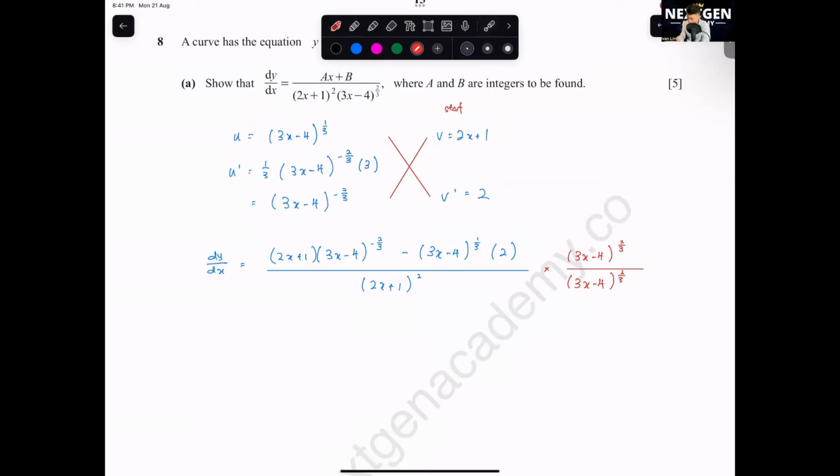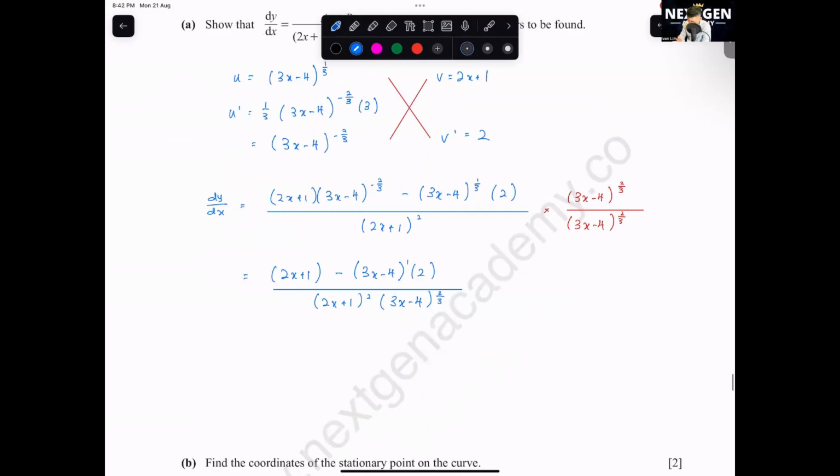So here, you all see the final form that they want, right? What you're going to do, here you see already got 3x minus 4 actually. So just treat this like a u. U to the power of negative 2 over 3 times u to the power of 2 over 3 will become u to the power of 0. So here will actually just become 2x plus 1. Then here, 1 over 3 plus 2 over 3, this will become 3x minus 4 to the power of 1. So here we have 2x plus 1 squared, 3x minus 4 power 2 over 3.